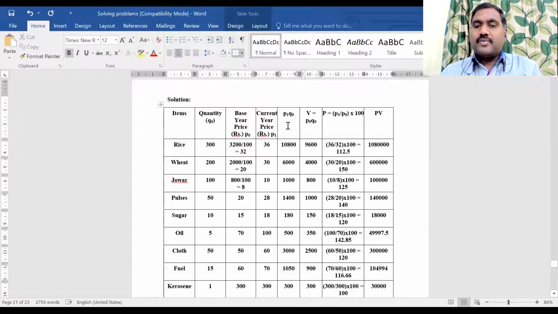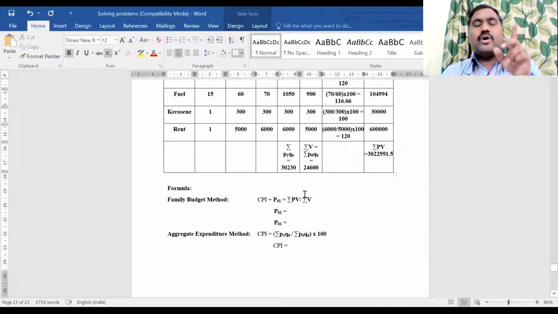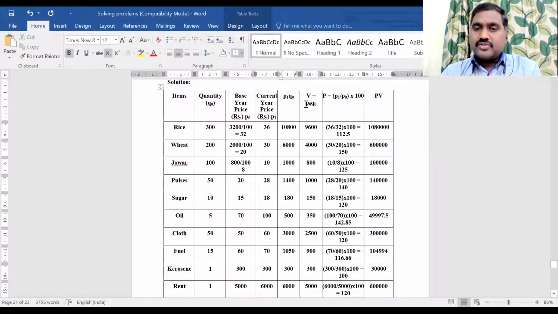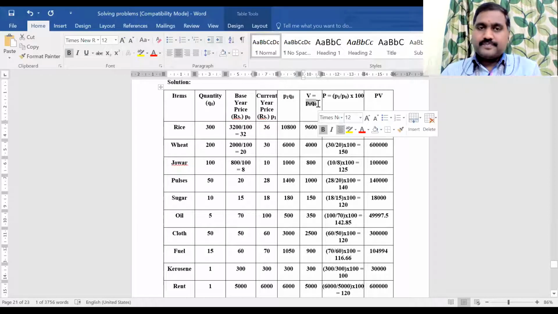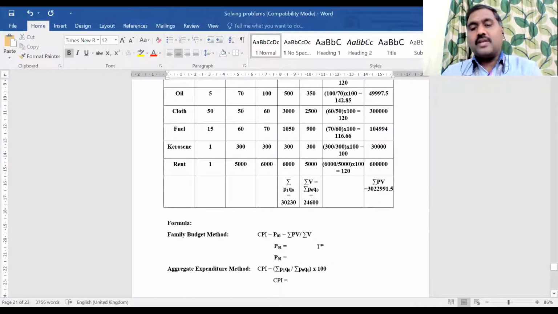And then for the second formula, we have to use either WI or V formula only. Here WI is not given. So the only option is to use the V formula along with the P value. V is nothing but P0 Q0 only. So we have to mention P0 Q0 and we can calculate P as P1 by P0. So we know P, we know V, we know P1 Q0, we know P0 Q0 also. According to that, we are calculating the PV and the total value of all those things. Now we need to substitute in the value and find out the answer.